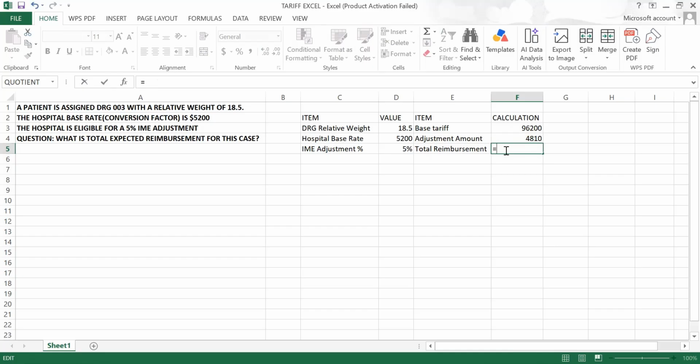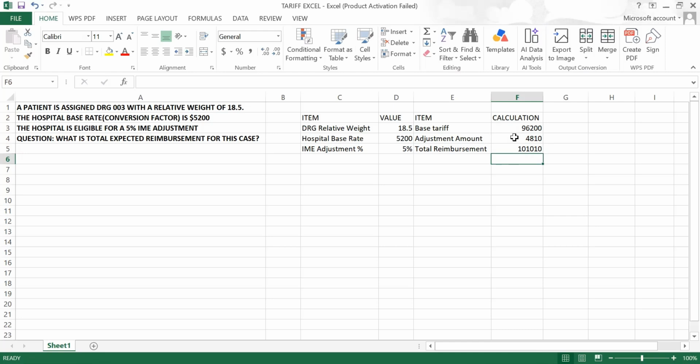We have to add base tariff with the adjustment amount. Am I right? Correct. So the final answer is $101,010.